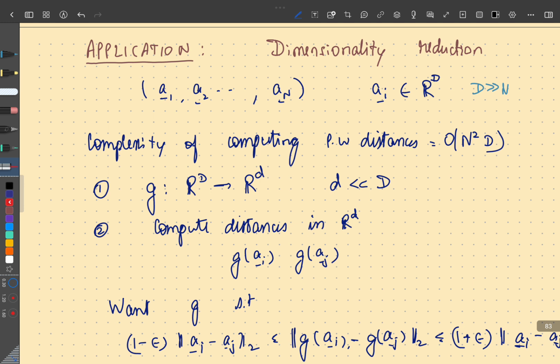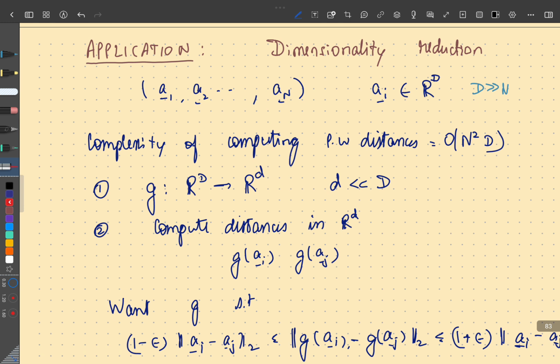The complexity of computing one pairwise distance is proportional to D. So obviously if D is very, very large, then the computational complexity is very high. Also, if we want to store these vectors, the amount of storage space also grows linearly in D, which becomes a bottleneck.